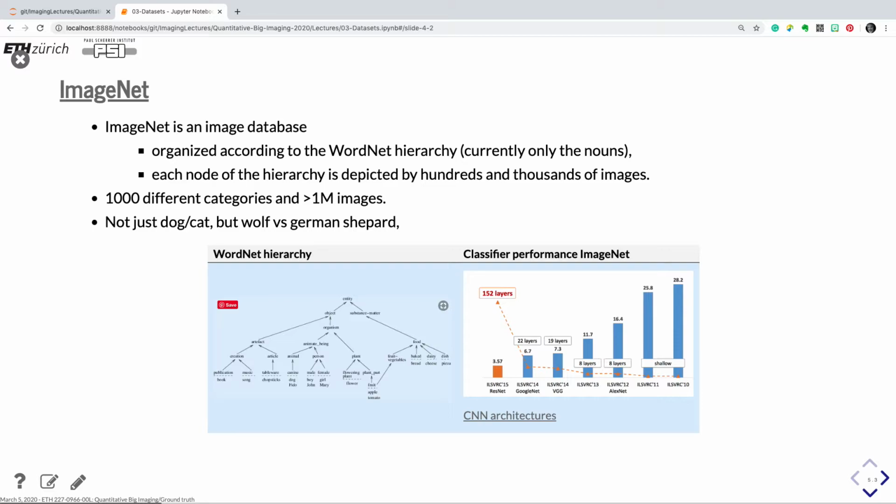ImageNet has been used to train classifiers, and there is even a competition on how well you can classify the different categories that are in there. This graph shows the progress: in 2010 there was a failure rate of 28%, and then over the years it went down, and the whole thing was about how complex the machine learning algorithm was.